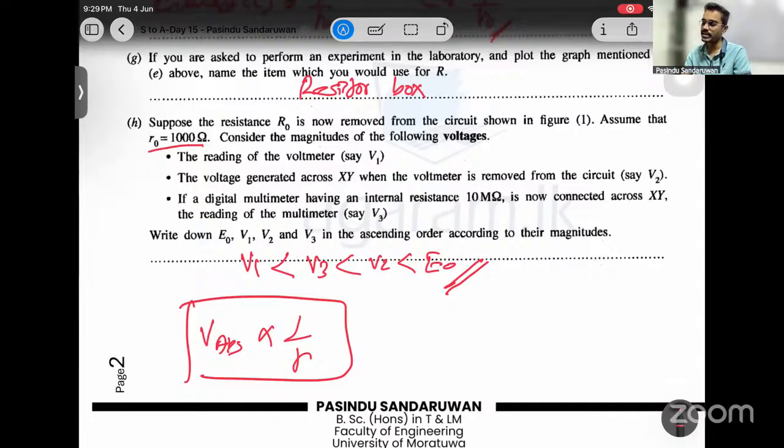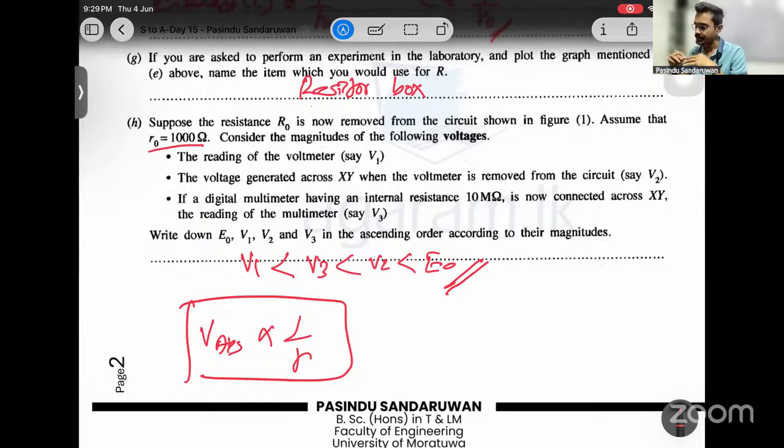Then that is definitely greater than V1 and definitely less than V2, because in V2 the voltmeter is completely removed, so nothing is in between, not even a single millivolt of absorption. So logically, you have to argue and place that at the correct place accordingly. What do you think? The last part is a kind of creative, thinking part.